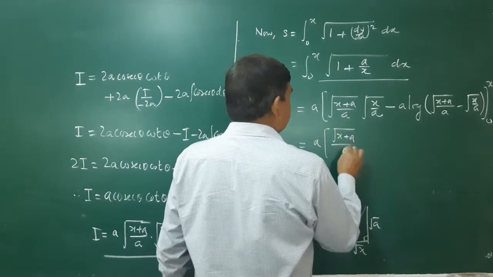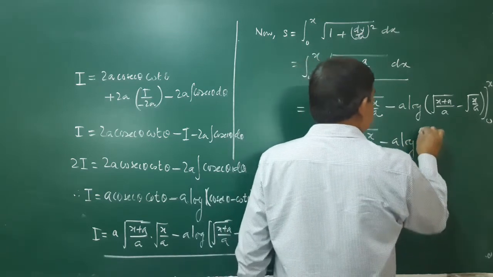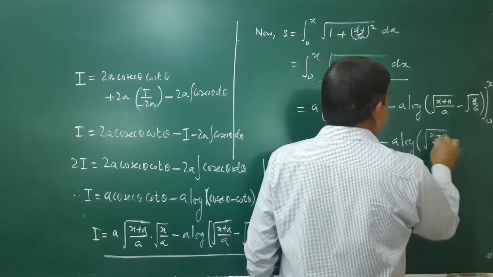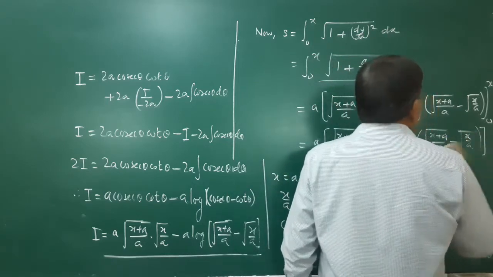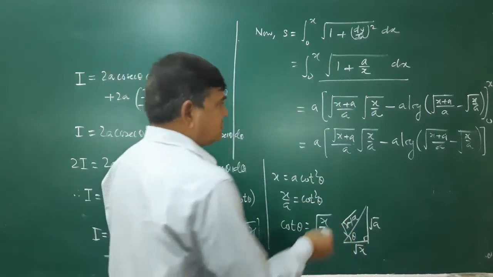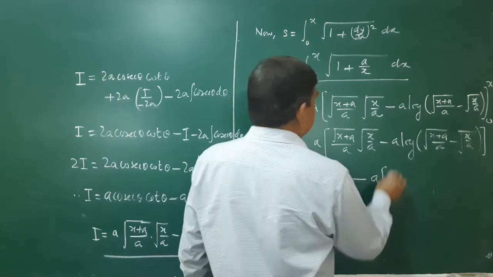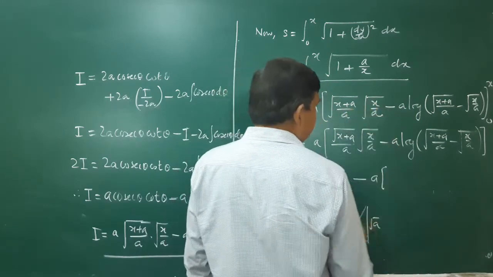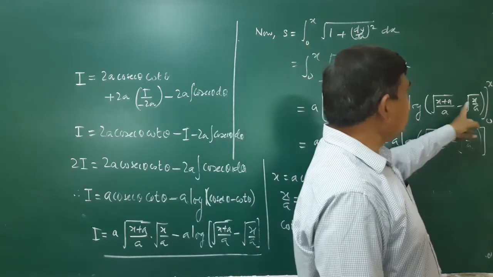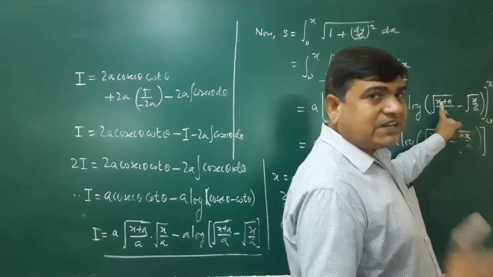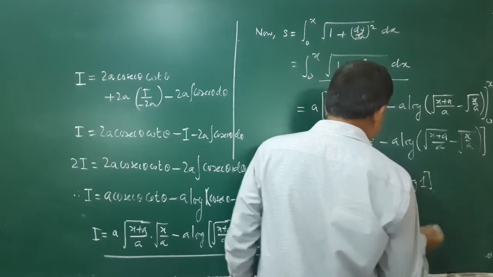x plus a upon a root x by a minus a log of root x plus a upon a minus root x by a. x is replaced by x minus the lower limit 0. So when x is 0, the first part is completely 0. In the log, when x is 0, it is 1, so it is log 1, and log 1 is 0.